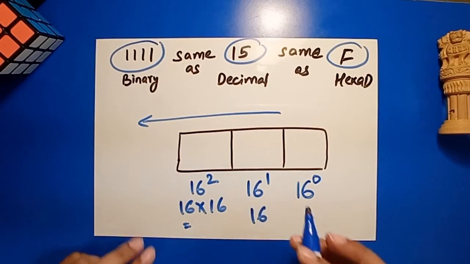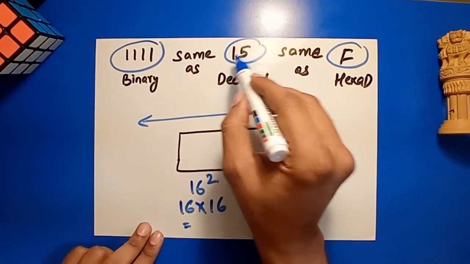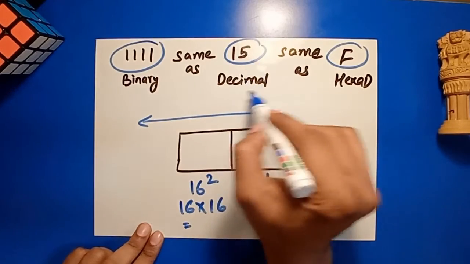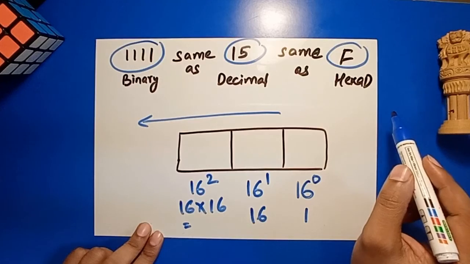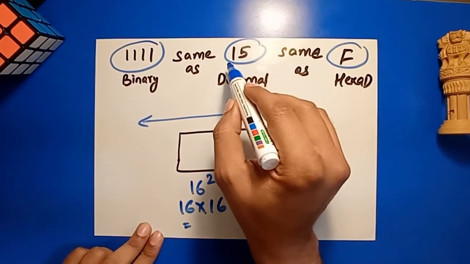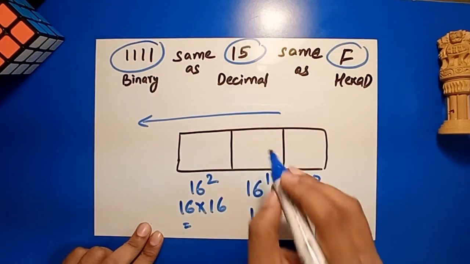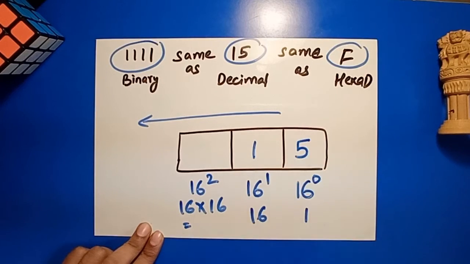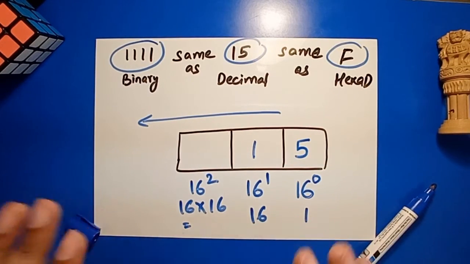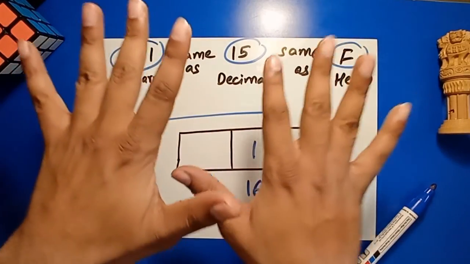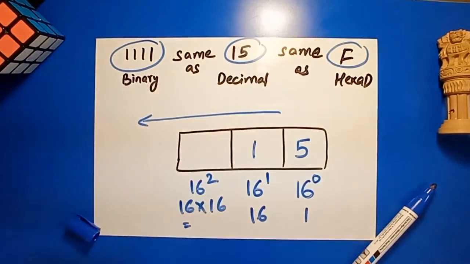To avoid confusion, let's say 1 and 5. These are digits in the decimal number system and these are also digits in the hexadecimal system, right? Let's find the value of 15 in hexadecimal. We know that 15 is 15 in the decimal system.